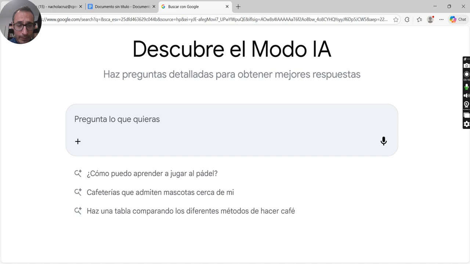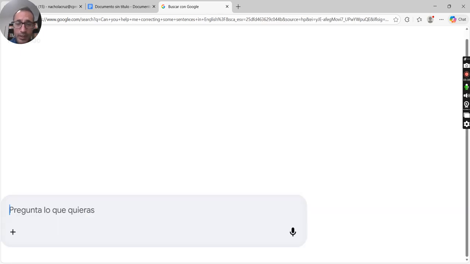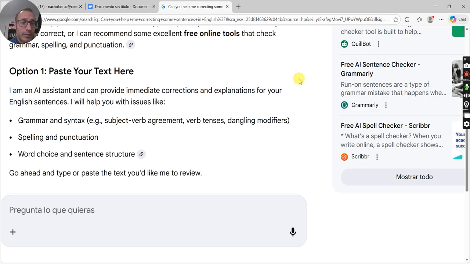So, for example, here you start and you ask artificial intelligence, can you help me correct some sentences, for example? Okay, can you help me? Sure. Option one, paste your text here.